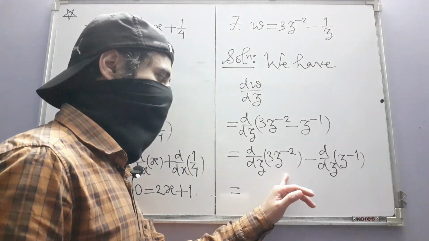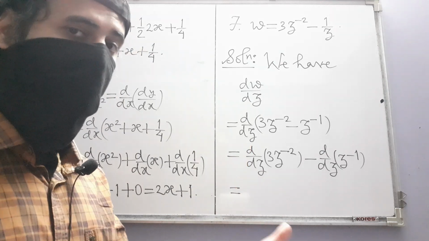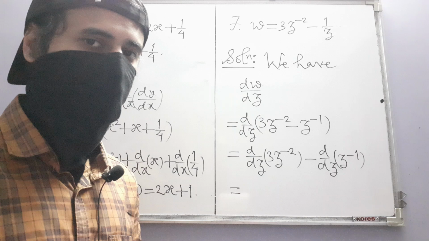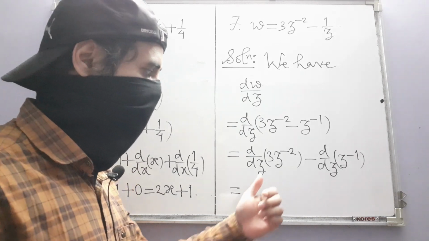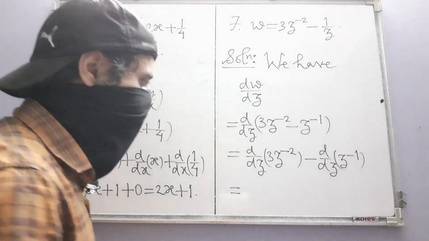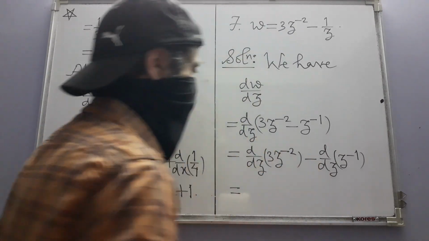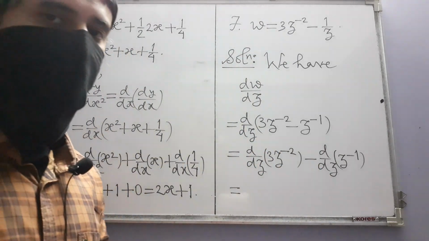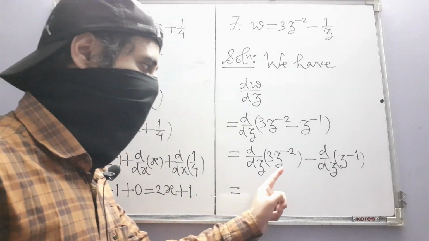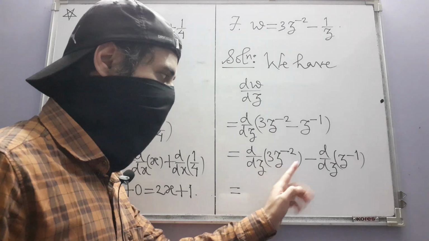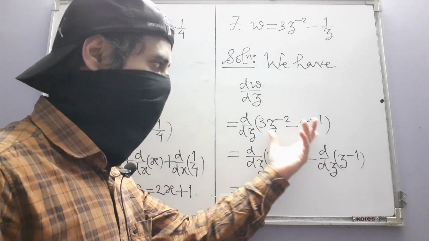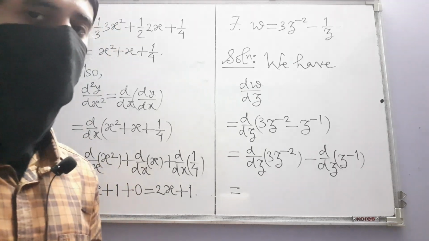This comes from, again, that second form of the power rule where the exponents are negative. Such powers are differentiable at every non-zero real number z. Z to the power minus 2 and z to the power minus 1 are thus differentiable functions. And because of that, by the constant multiple rule, 3z to the power minus 2 is also differentiable. And that is why we are able to use the difference rule in the first place.